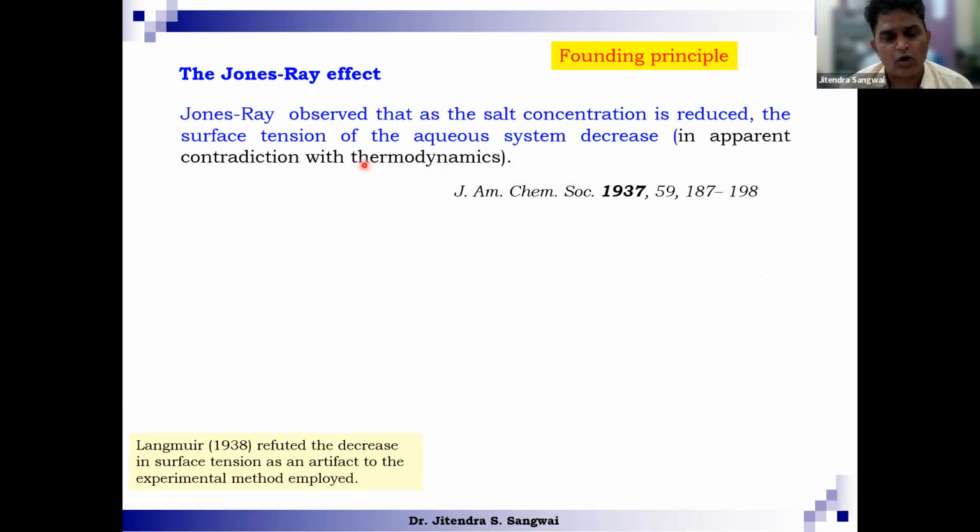And this observation is very well reported in the literature. Subsequently, Langmuir in 1938 refuted this phenomenon reported by Jones and Ray, saying it was possibly an artifact, possibly due to experimental error. However, the Jones-Ray effect still holds good.